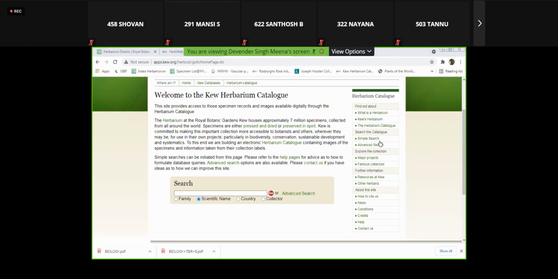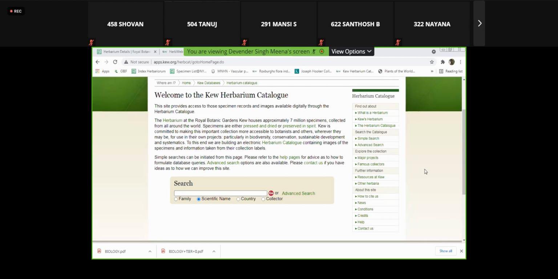Okay, so you have lots of information here as well. You can look for the different projects which are going on in this herbarium. Kew, or the Royal Botanic Gardens Kew, also has some programs in which they train students, and they also offer certain courses like MSc and PhD.